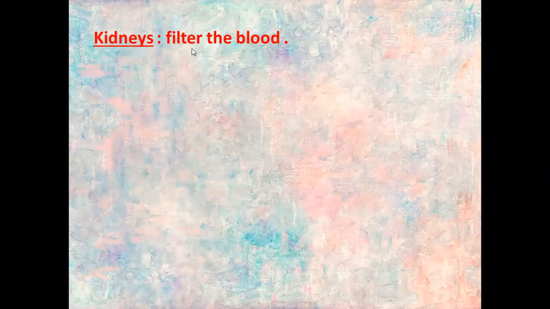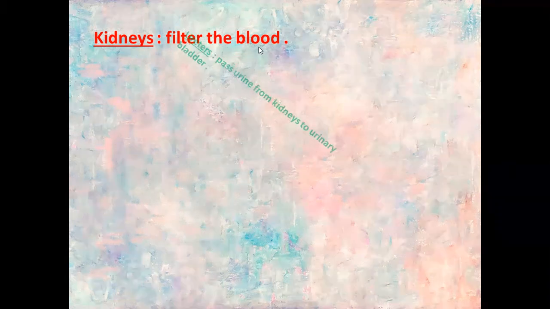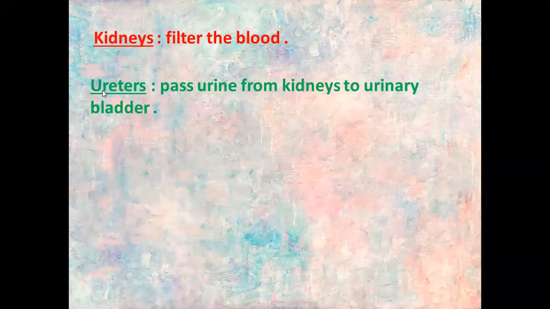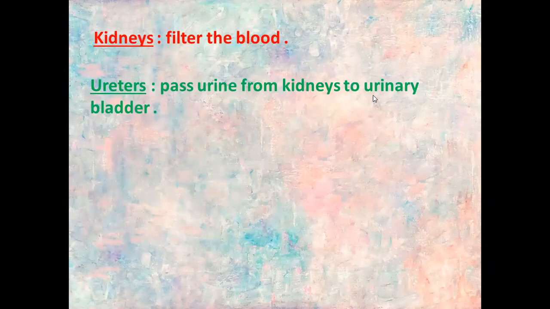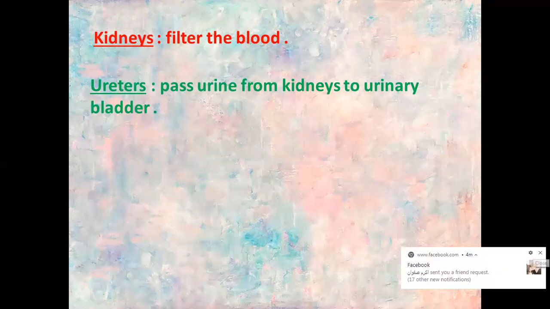So what is the job of each organ again? The two kidneys filter the blood. The two ureters take or pass urine from the kidneys to the urinary bladder.